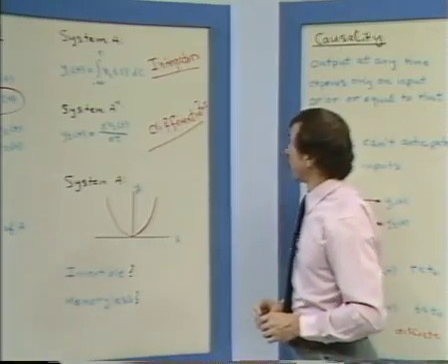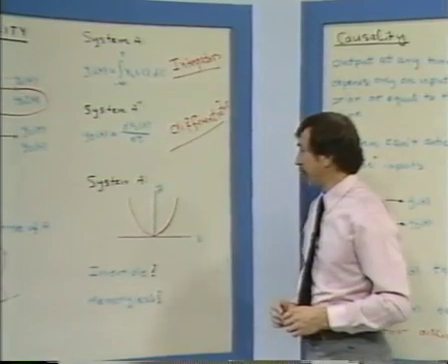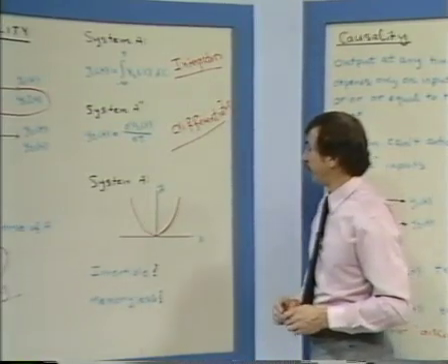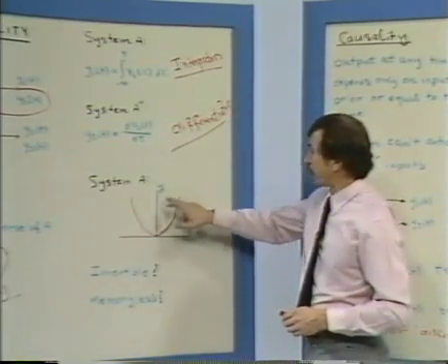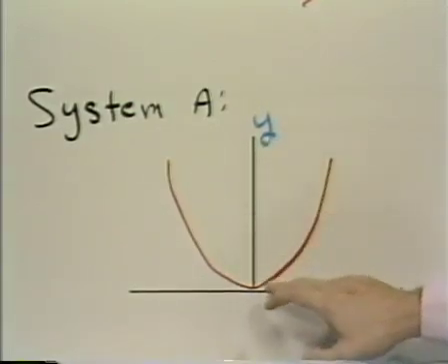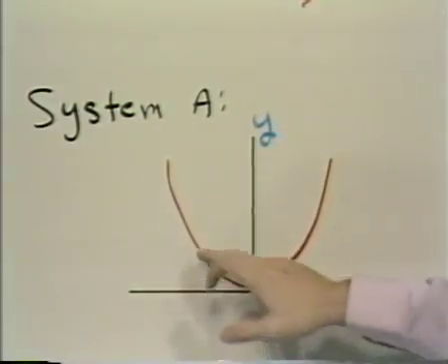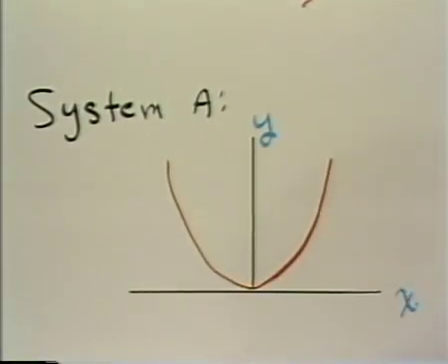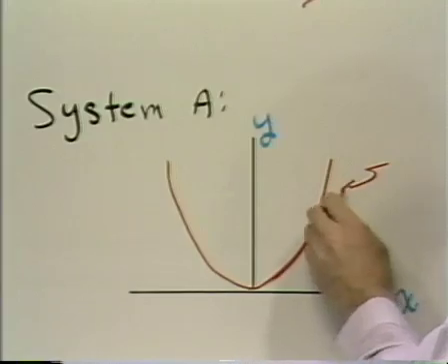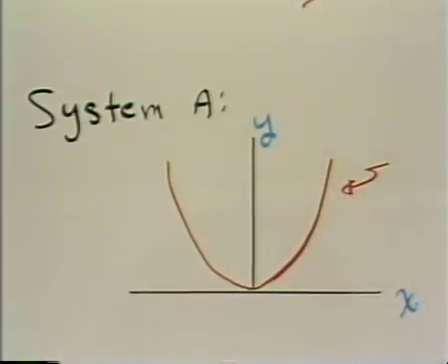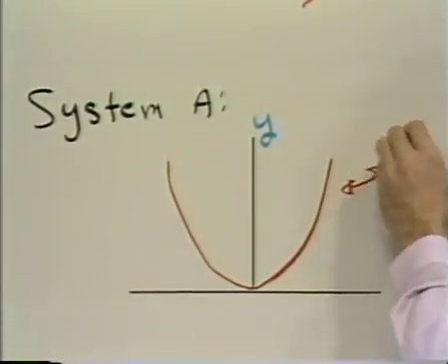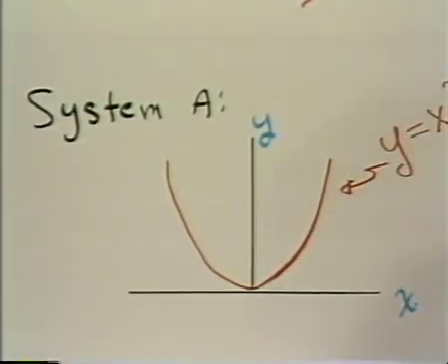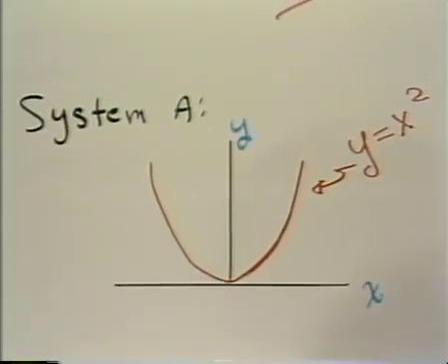Okay, well, let's look at one last system. I've indicated here a system for which the output is related to the input through this curve. And what I mean by this curve is that the output is equal to the square of the input.